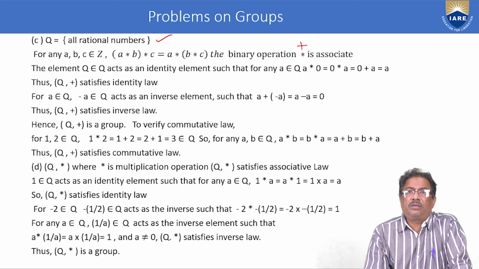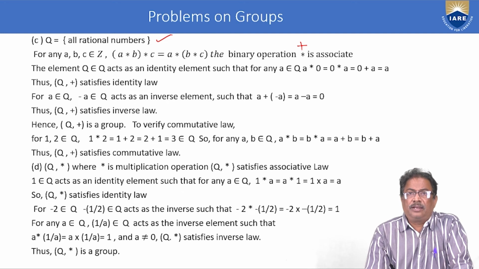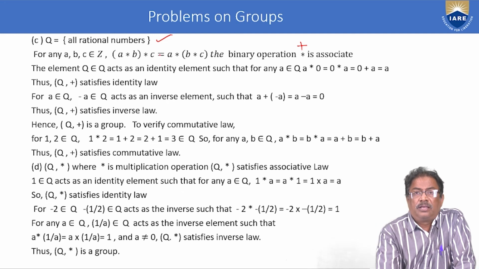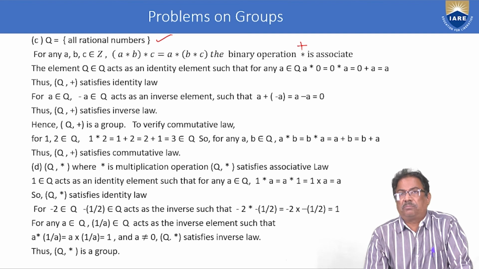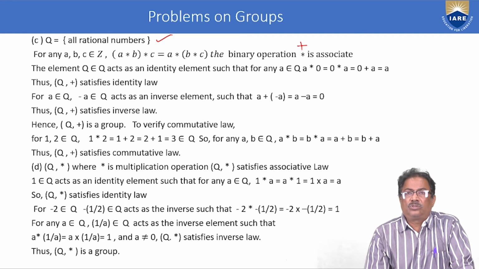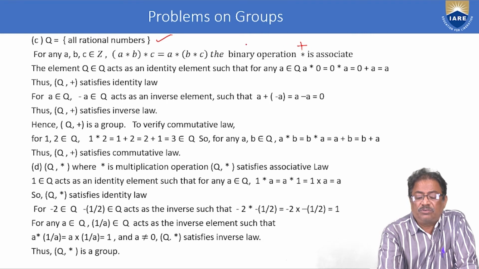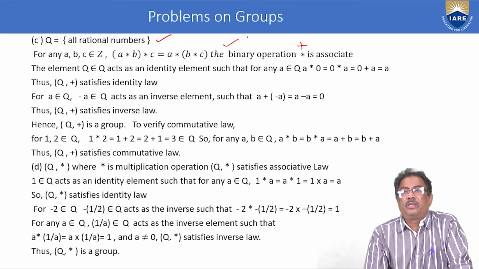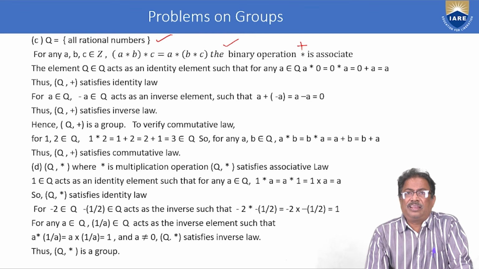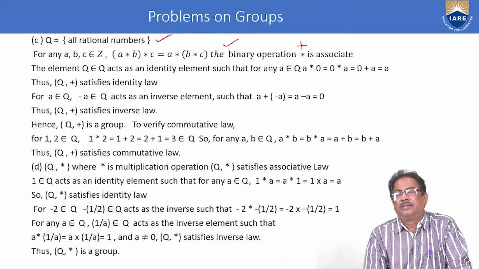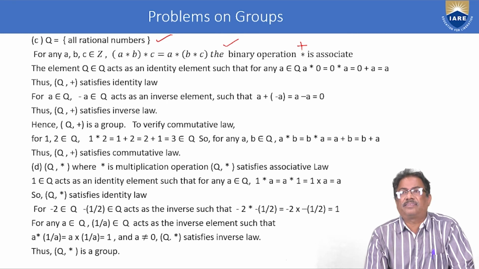See, any rational number if I am going to consider, the addition of two rational numbers is again a rational number. So it is closed, as well as the associativeness is obvious. If you take three elements in any order and add them, then the result will be the same.